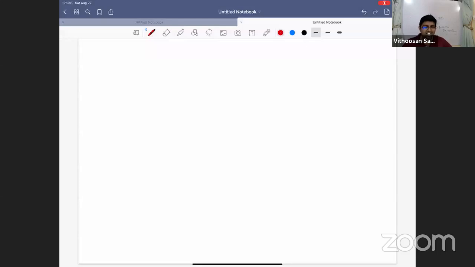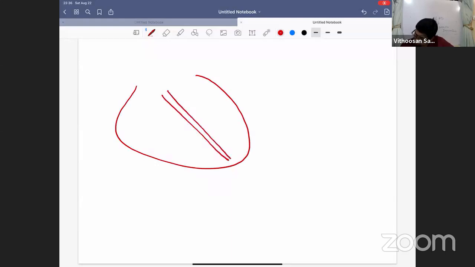ECG changes. Look at this now. It's like this, no? This vessel is supplying this area. So if there is a block here, this area will undergo infarction. Infarction means cell death.